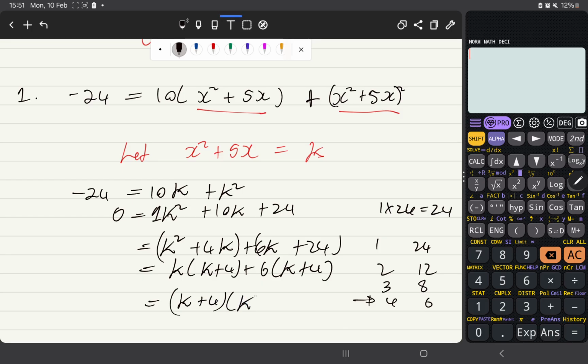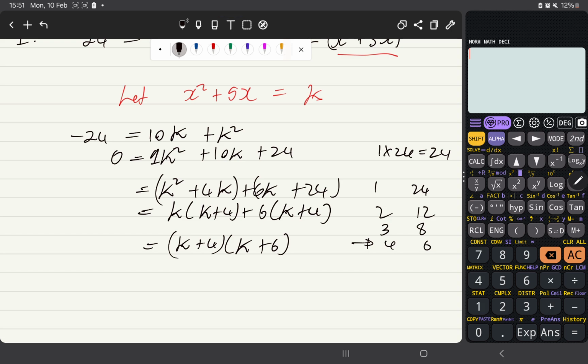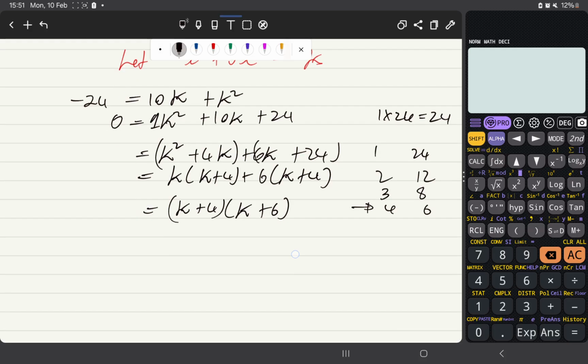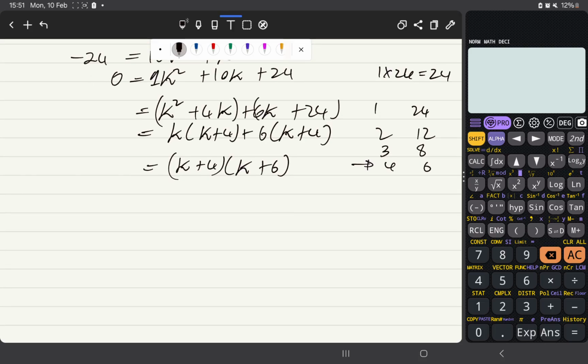The other common factor is k plus 6, which is exactly what we had. So remember, just go with the method that makes maths easy for you. It doesn't matter which method you use, so long as everything is clear and you don't make any mistakes, you'll get full marks.